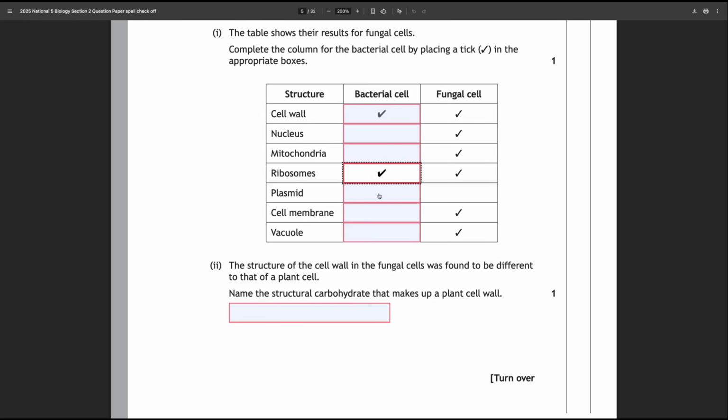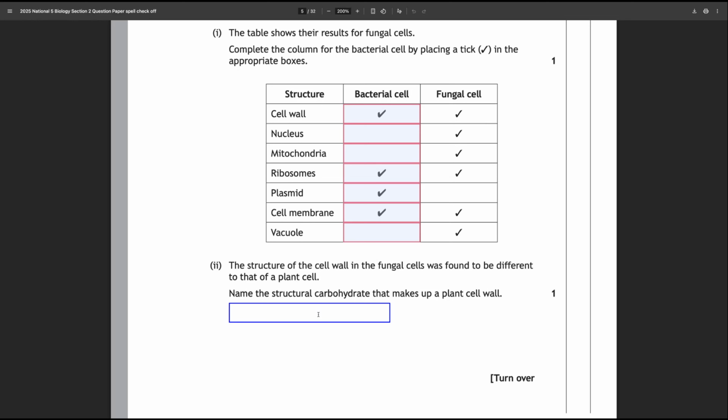It is the only cell which has a plasmid, and like all the other cells, it has a cell membrane. However, unlike the fungal and plant cells, it does not have a vacuole. Okay, so that's what we're looking for there. Those are fairly straightforward. They should be ones that you have memorized from your notes in terms of the structures of all the various cells and know which cells have which structures.